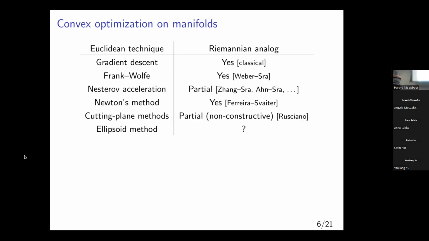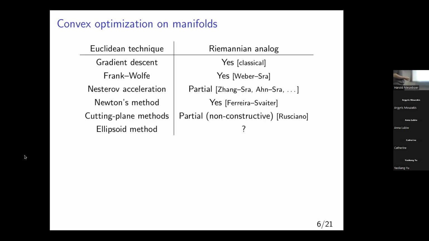Now, there are some more advanced methods in the Euclidean setting. For instance, cutting plane methods are amazing. We know you can use them to find high quality solutions to convex optimization problems, but it's really not clear how to generalize this to the Riemannian setting, because it's not clear what planes should be.